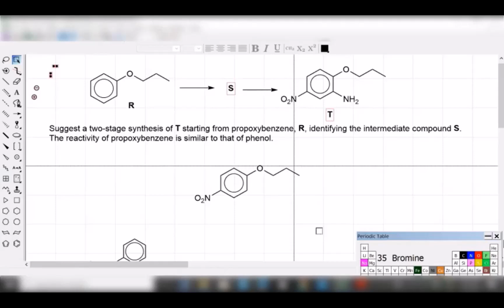But at least you know what I'm trying to say: each other kind of, I withdraw, you donate, so the overall electron density of the phenol ring is now reduced pretty drastically. Not as much as before. So in that case, can the second nitration take place? My answer to you would be definitely yes.